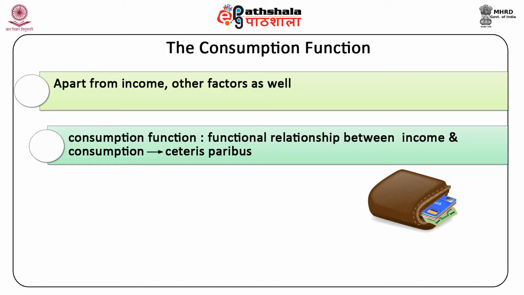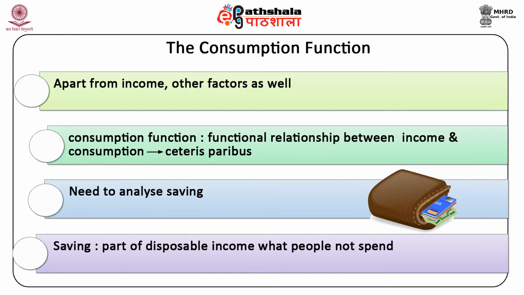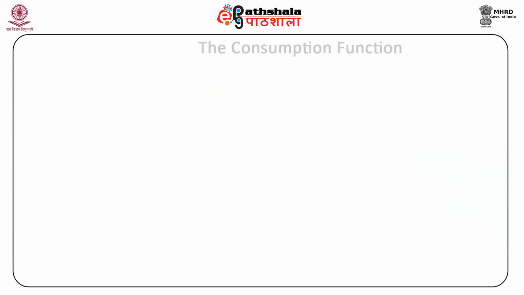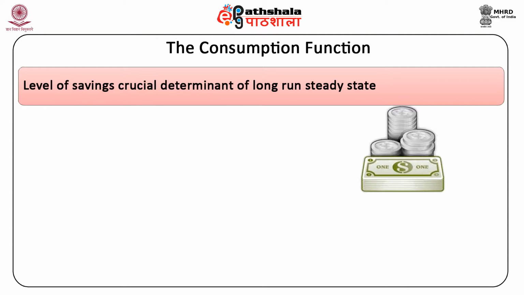For understanding consumption, we also need to analyze its counterpart, that is savings. Savings is that part of the disposable income that people do not spend. The level of savings in a country is a crucial determinant of its long-run steady state.